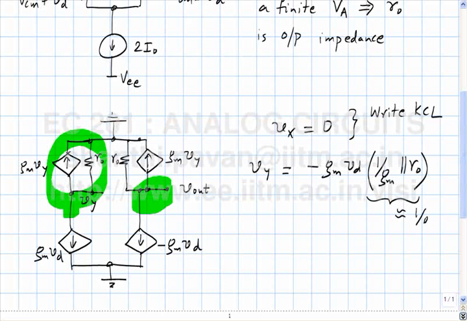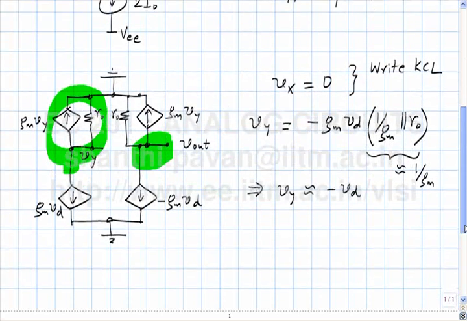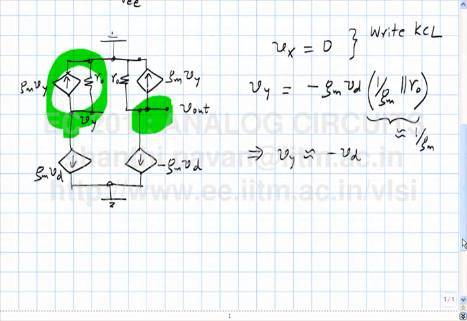So this is approximately 1 over Gm, okay, which implies Vy is approximately equal to what? Minus Vd. Okay? You understand? Alright? The reason why we made this approximation is not to carry this 1 over Gm parallel R0 everywhere. It is no big deal.